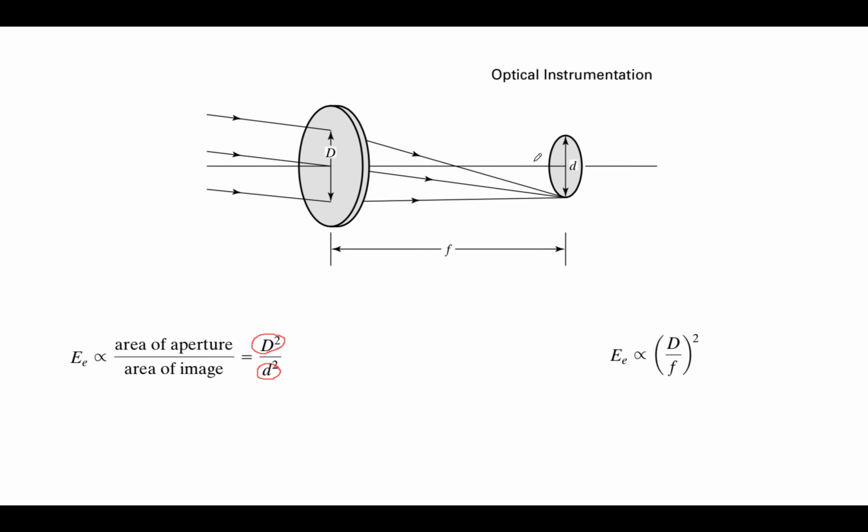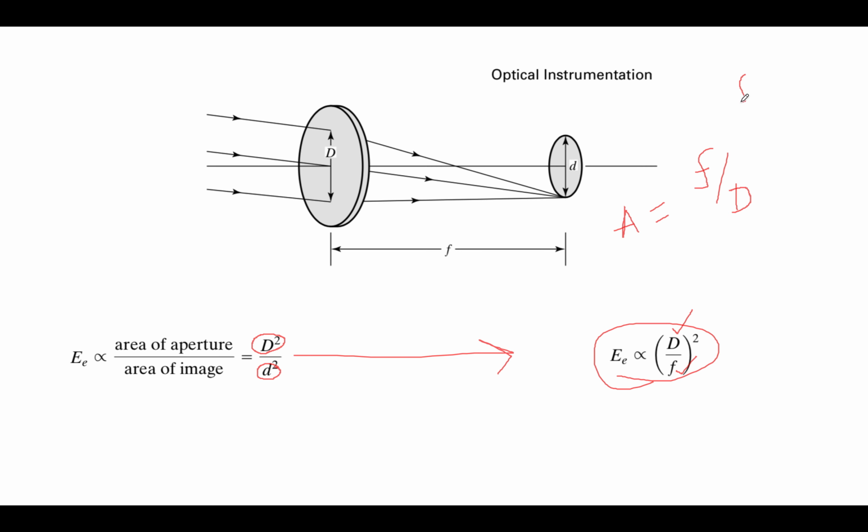So using that, I'm not going to go into the math of that, you can extend this irradiance to look like (d by f) square, where f is the focal length of the lens and d is the size of the aperture. Now we can define a new term, that is f by d, the focal length of the lens divided by the diameter of the aperture, as the f number.